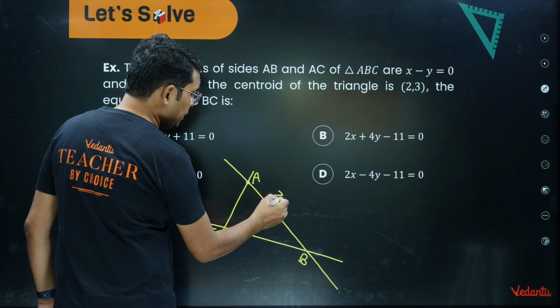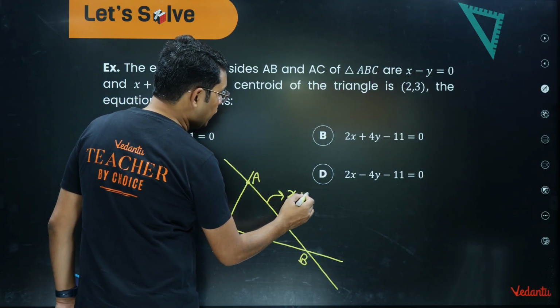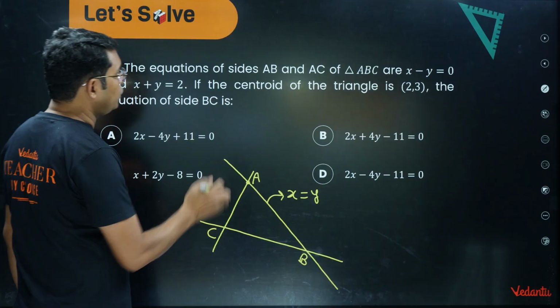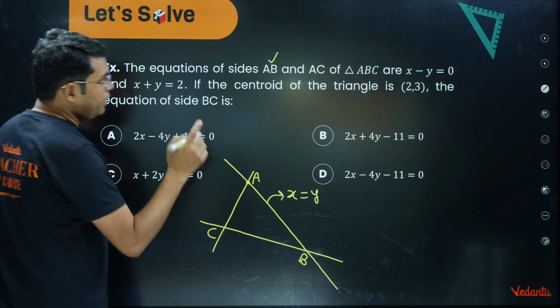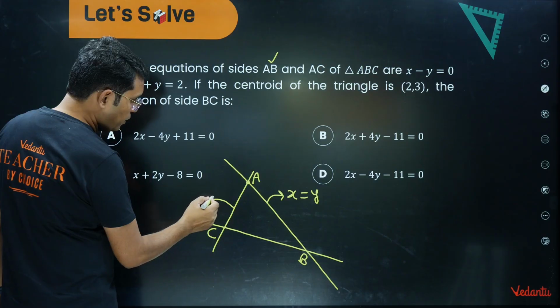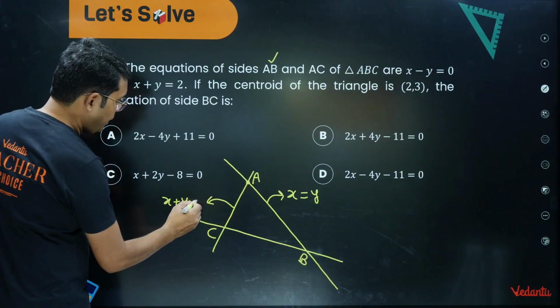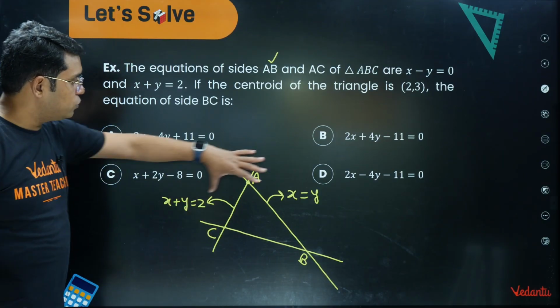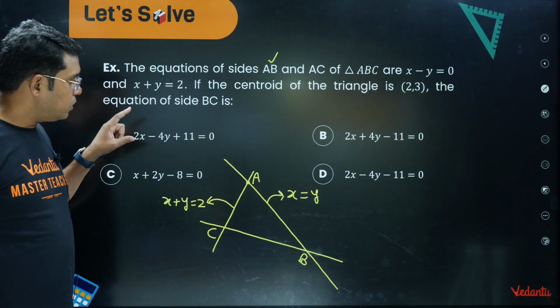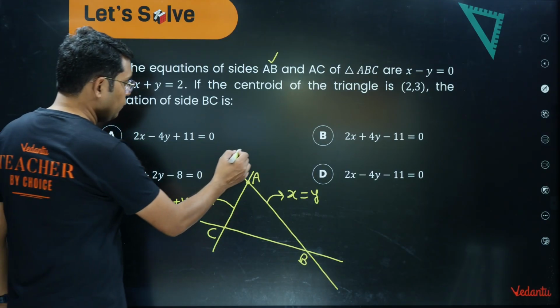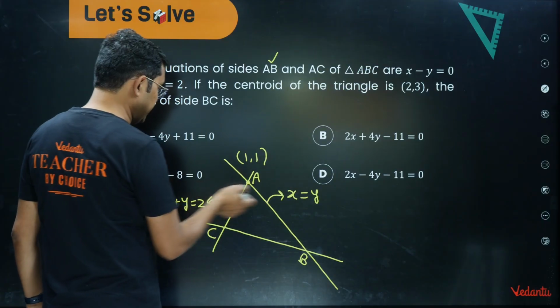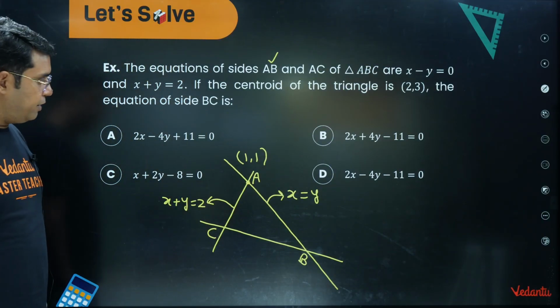So this AB is actually x is equal to y, or x minus y equal to 0. Then the equation of AC, this one, is x plus y is equal to 2. Now you can solve these two equations to get the coordinates of A. I think this comes out to be (1, 1). Very simple. Just put x is equal to y here and you get x and y both equal to 1.